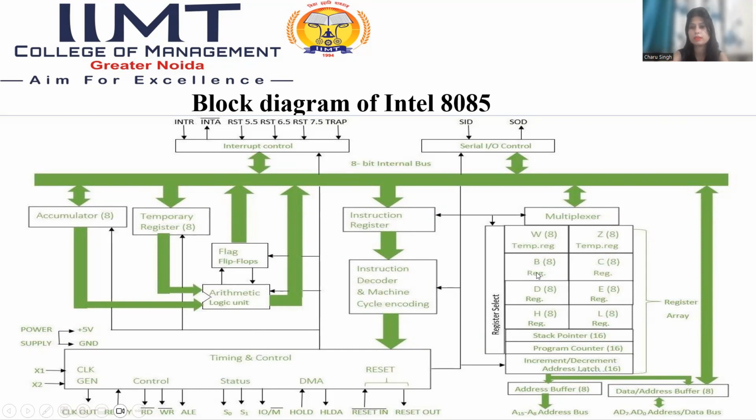Basically, they combine in pairs: B, C, D, E, H, L. These are the common, or general purpose, registers, each of 8 bits. We also have other registers, W and Z, which are for the personal use of the Intel 8085, and we cannot access the W and Z registers.